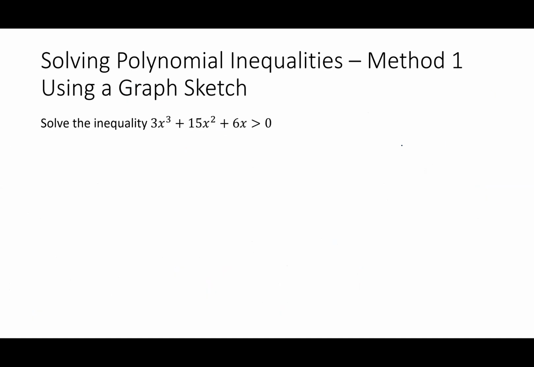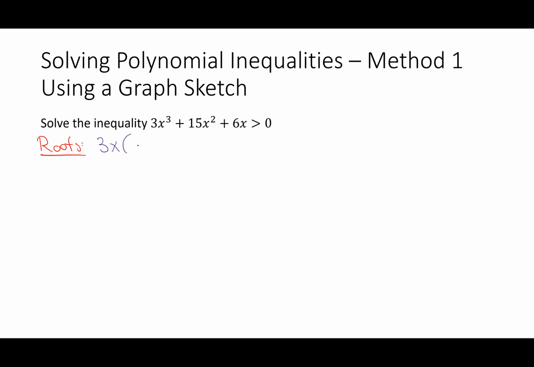Now, let's suppose I asked you to solve this inequality. We're going to use a graph sketch for this first. As with all things, what we want to do with our graph sketch is start with identifying our roots. In identifying our roots, I'm going to start with factoring, always and forever. Let's see if we can factor this really nicely.